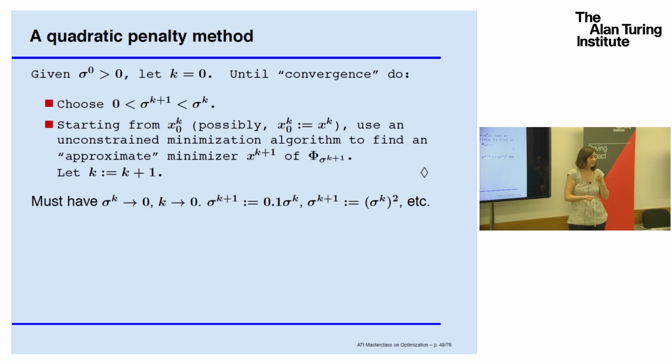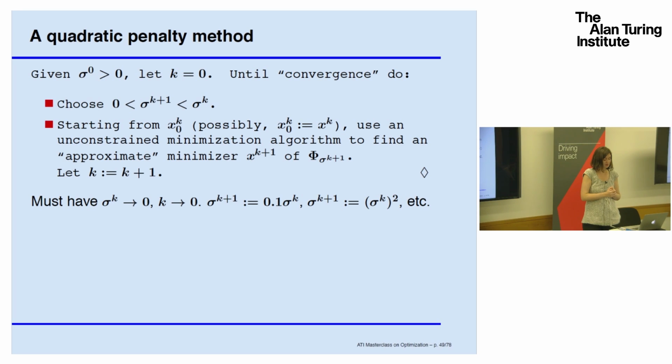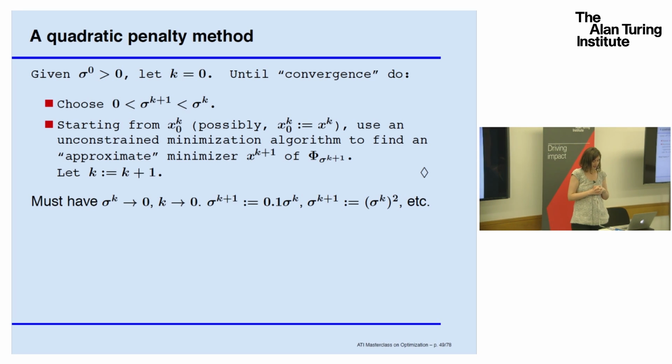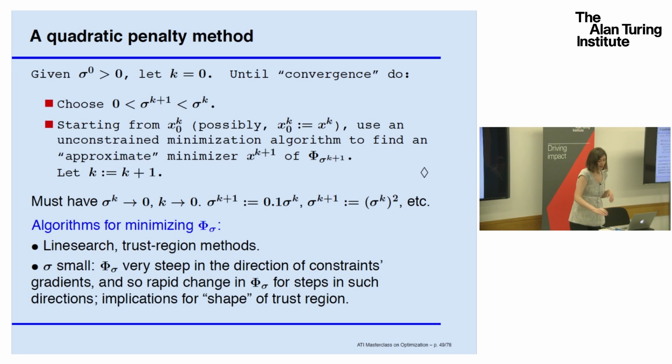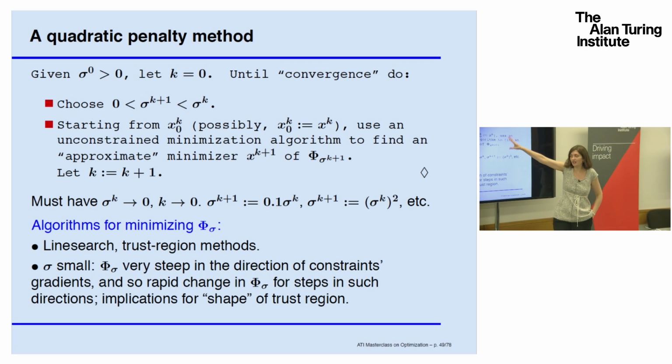This kind of warm starting really, really helps on ill-conditioned problems. This is why on lasso, you should do the same, and people do the same. For example, when you minimize your lasso function with some parameter lambda, you start from the previous solution. So this works, and then you can use any method here for phi, line search or trust region.